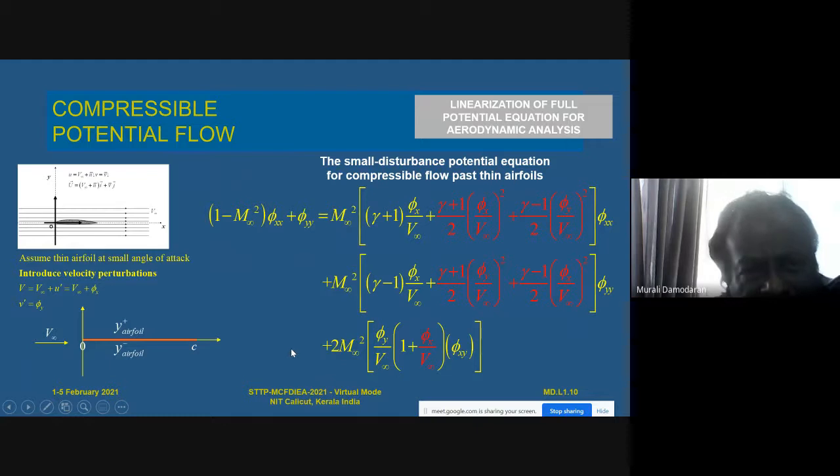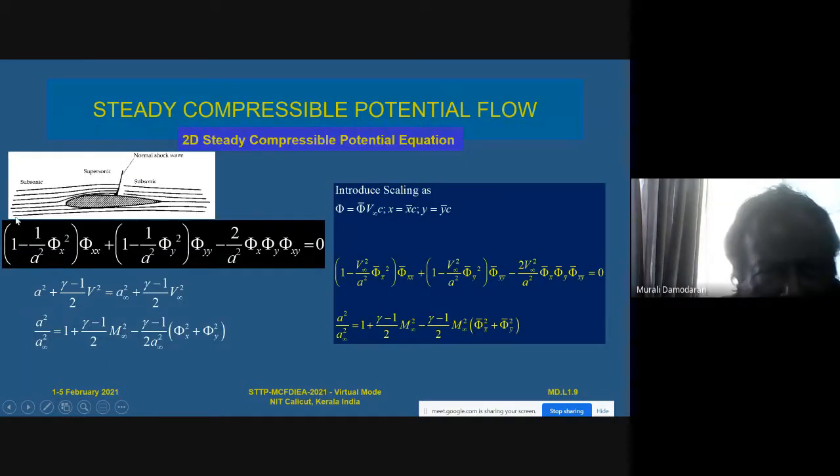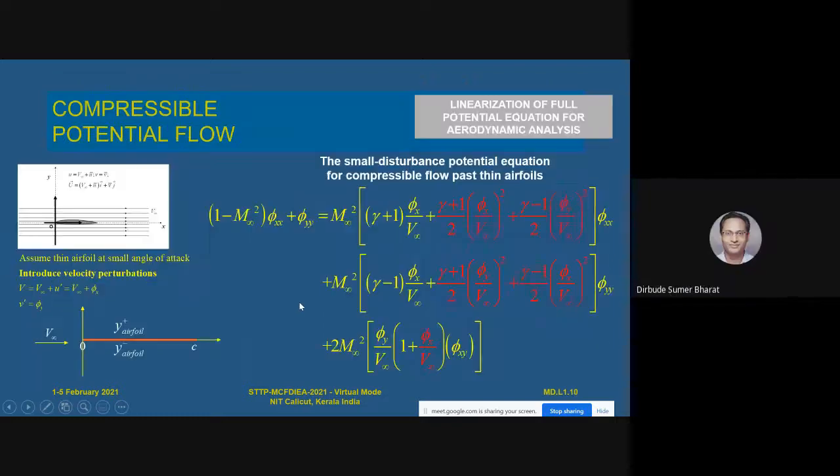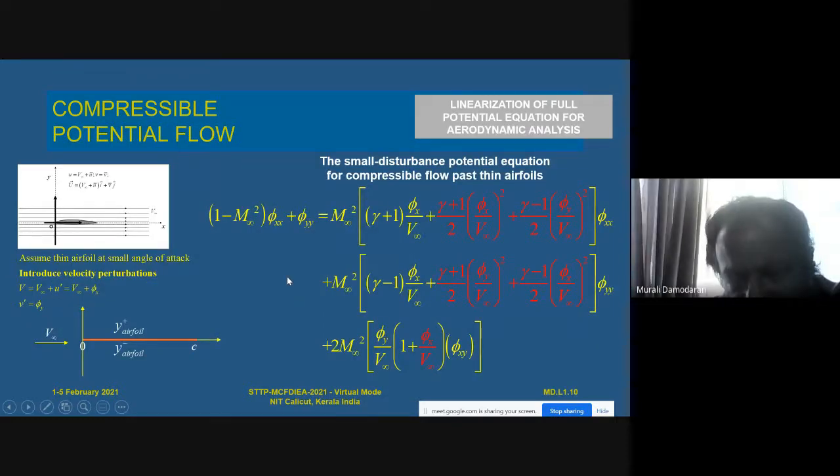I can make a further simplification, because if I want to solve this, I still need a mesh, because this is a nonlinear equation. It is a potential equation. I still need the mesh which I would use for the Euler-Navier-Stokes equations. The only advantage is that instead of calculating all the variables, I would just compute one velocity potential.